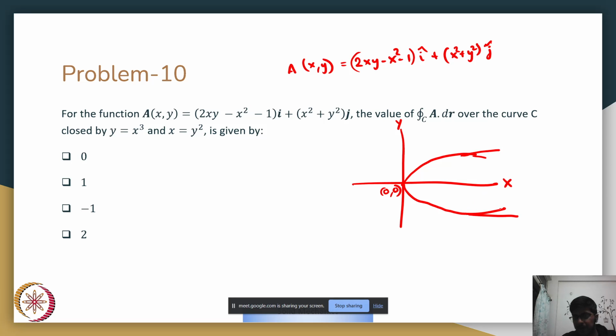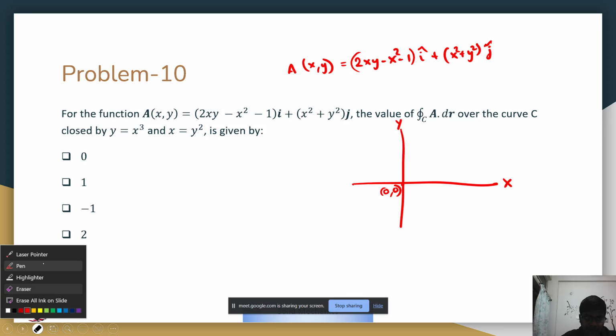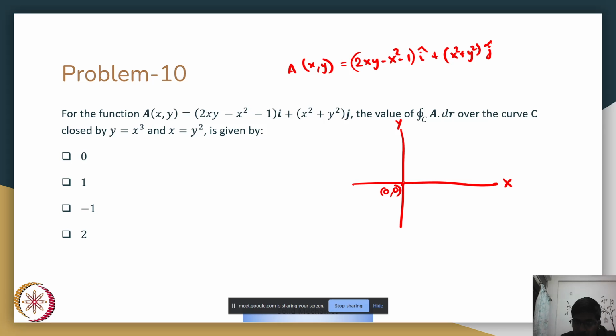This should be a parabola. This is my function x equal to y square, and I'm given another function y equal to x cube, which would look something like this.